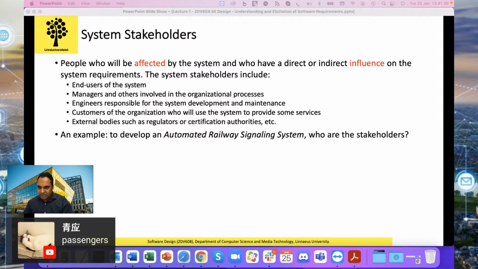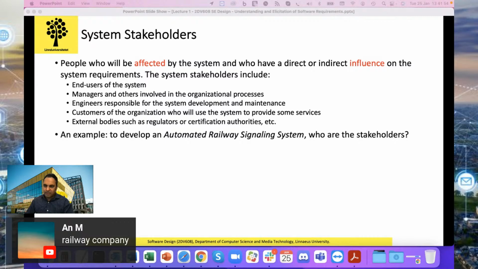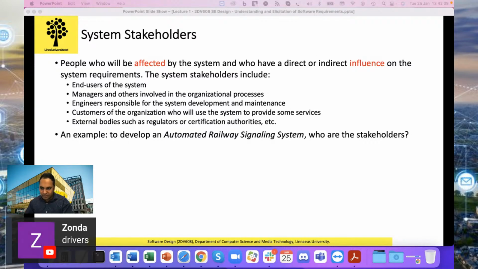Yes, someone said passengers. And yes, I think you are getting there. You are telling the right list. Someone also said drivers. But yes, the list is exhaustive and there can be many more.